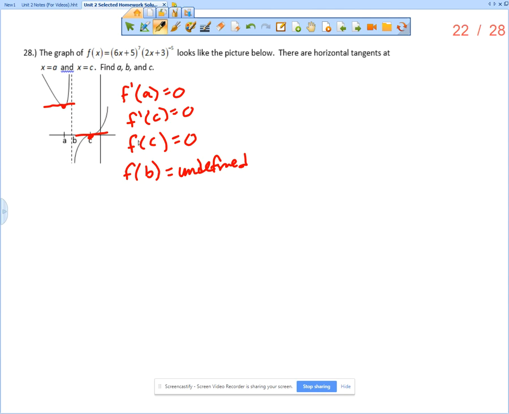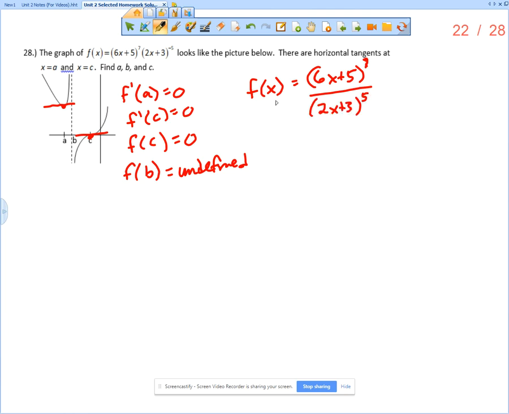So let's start off with the piece of information that relates to f, not f prime yet. All right, so f of x is (6x + 5)^7 times (2x + 3)^(-5). In other words, it is (6x + 5)^7 divided by (2x + 3)^5, right?